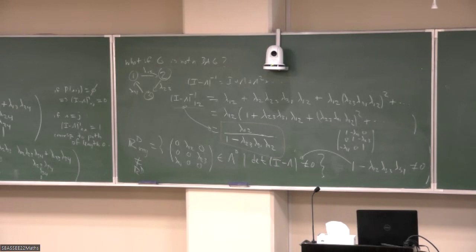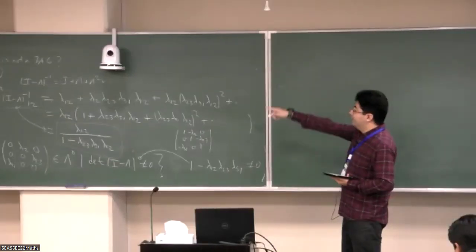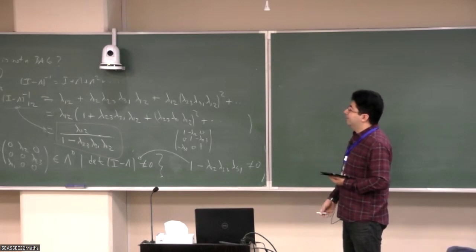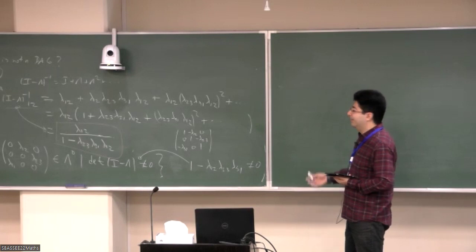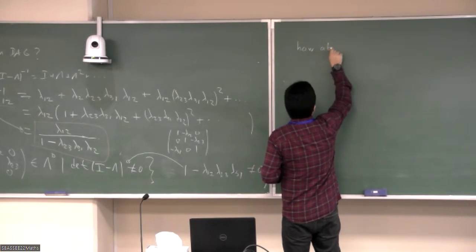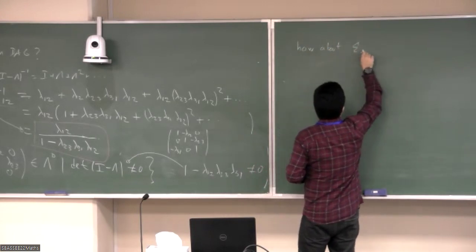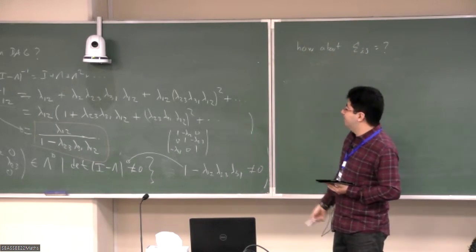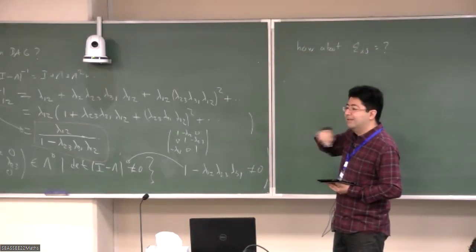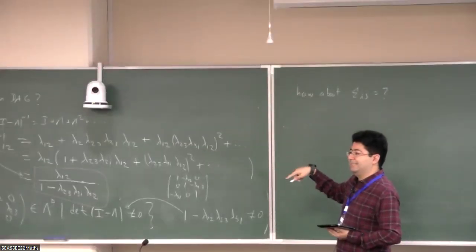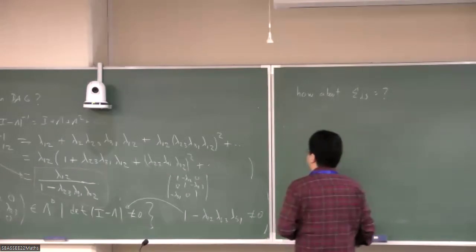This allows us to understand (identity minus lambda) inverse, but actually we would really like to understand sigma itself. So how about sigma_ij? Can we understand that? I already raised the example, but I hope you have it: I said there are all these summands that appear with the omegas. How can we interpret those?